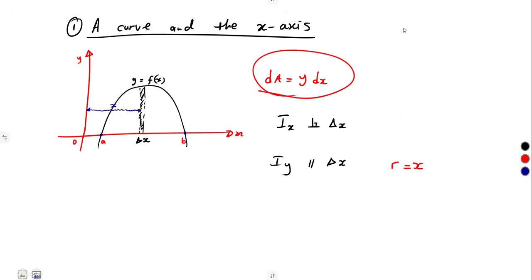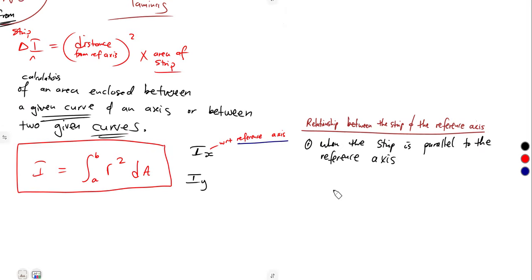So meaning to say, the opposite one, if it was for the y-axis, whatever you're calculating for x, r is equal to y. So when the strip is parallel to the reference axis, our r can be equated to x, or r is equal to y, depending on what you are working with.